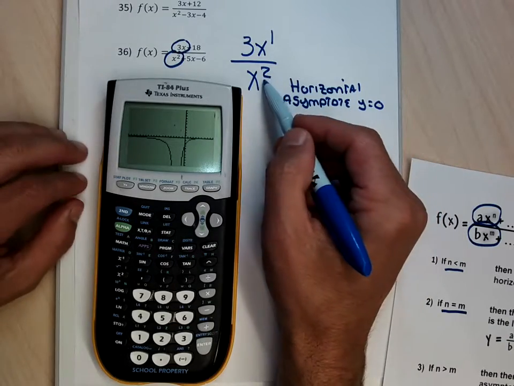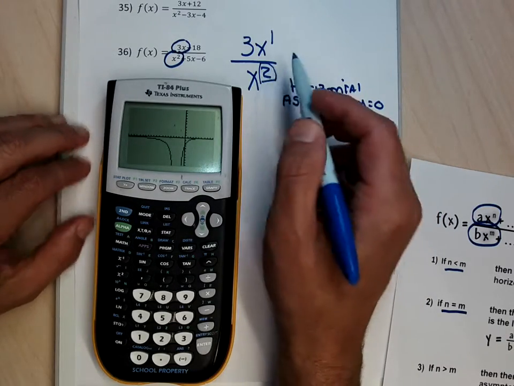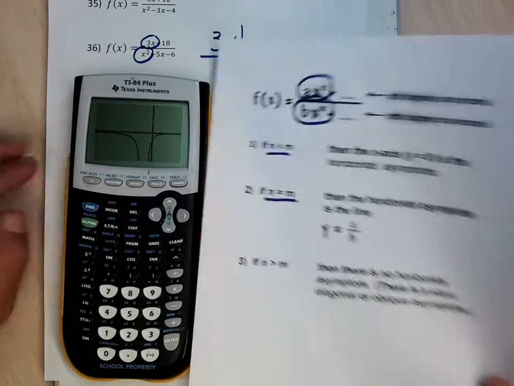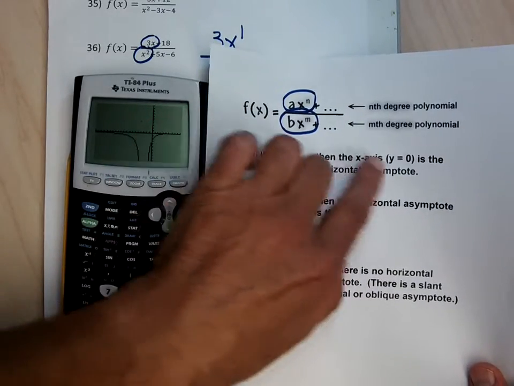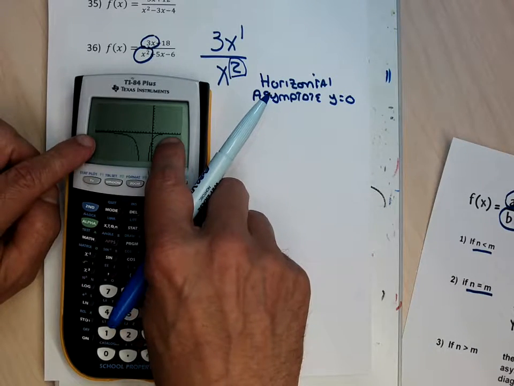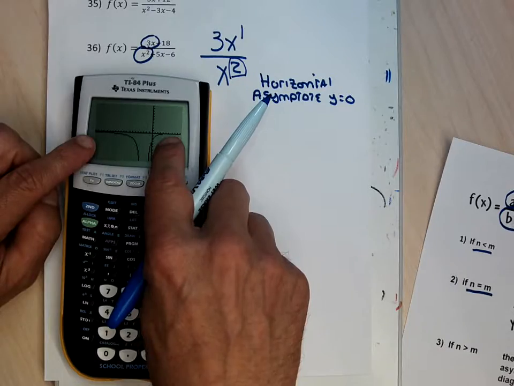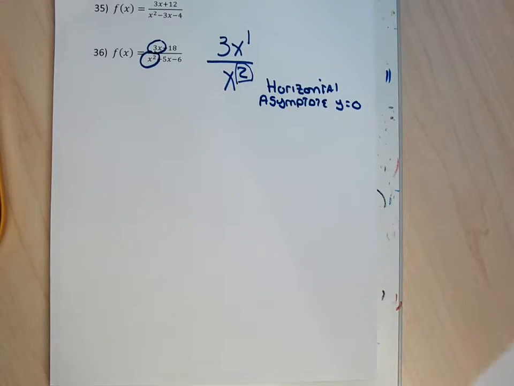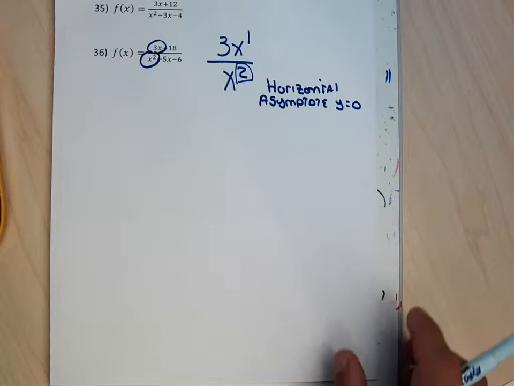So when the bigger exponent is in the denominator, there's no algebra to do for the horizontal asymptote, and the horizontal asymptote is the x-axis, which has the equation y equal to 0, and the graph will ultimately get indistinguishably close to the x-axis. Your problem 35 should work just the same.